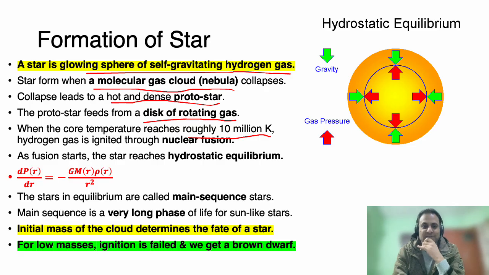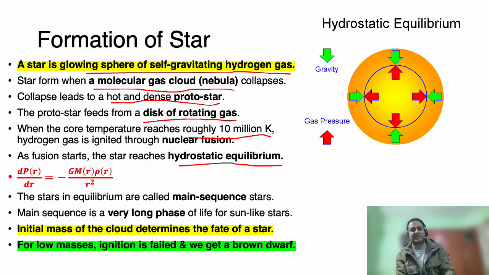At some point it will reach equilibrium. This equilibrium is called hydrostatic equilibrium. This remains for a very long time, and there is an equation. In this equation, on the left side you have the outward pressure, and on the right side you have the inward pressure from gravity, and they are equal, so they are balanced.